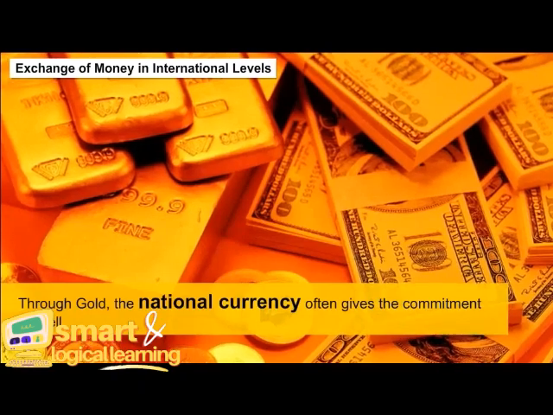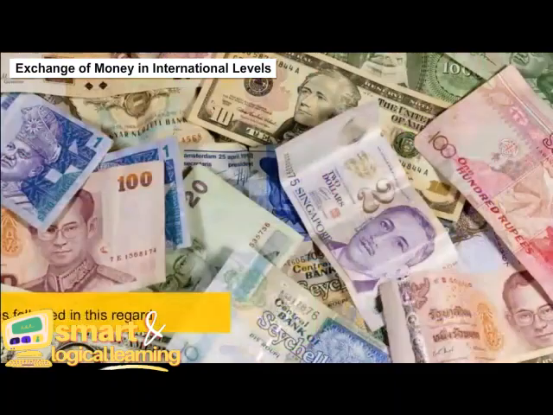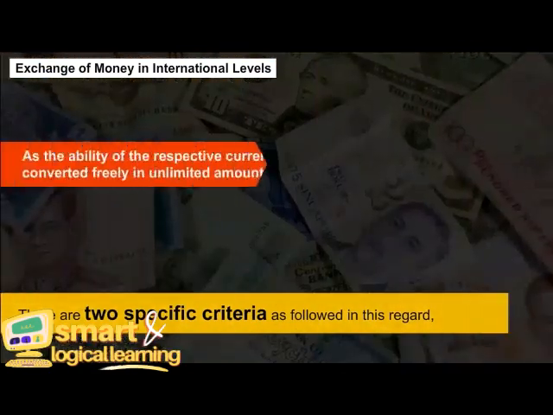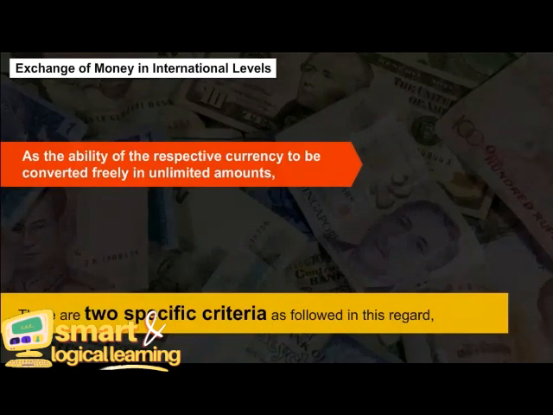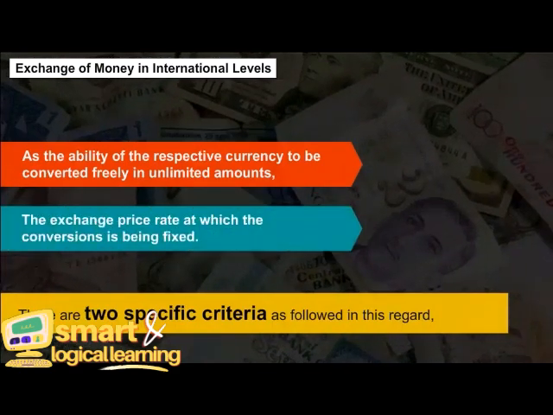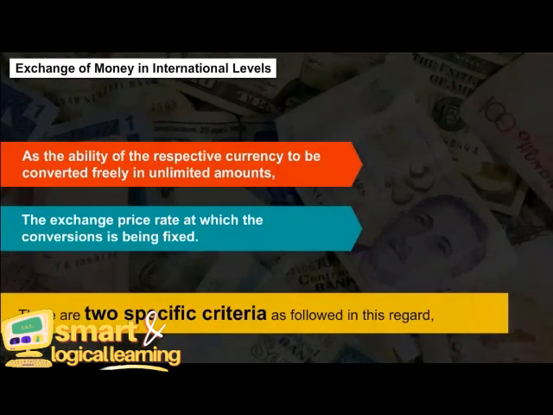Through gold, the national currency often gives a commitment as well. There are two specific criteria in this regard: the ability of the currency to be converted freely in unlimited amounts, and the exchange rate at which the conversion is fixed.